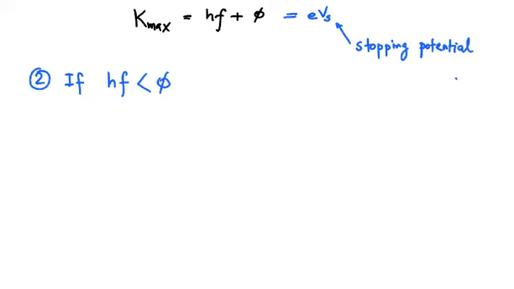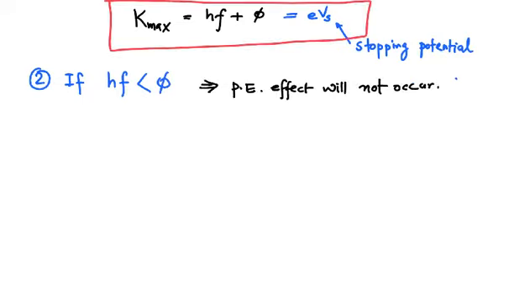That means there is a minimum frequency needed for the incident wave, so that this work function is equal to hf naught, the threshold frequency.